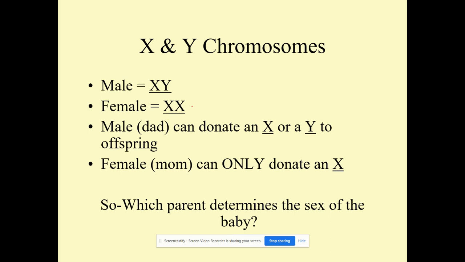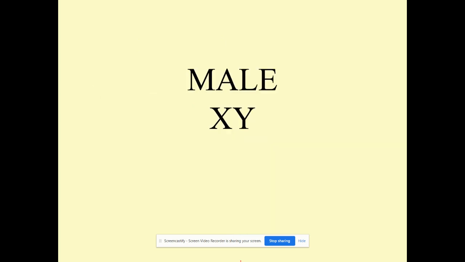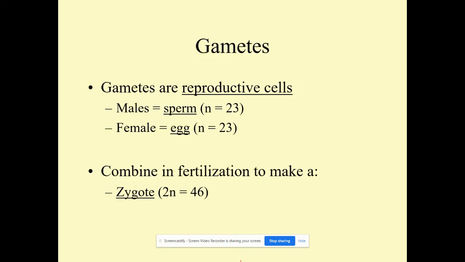Not having a homologous pair of chromosomes causes us to be much more susceptible to a bunch of genetic diseases, and some of them are pretty nasty. Girls never get them. Some of these things girls get, but not the really nasty ones that cause babies to die really early. We'll talk more about that, but it's the fact that we don't have a homologous pair in our sex chromosomes.